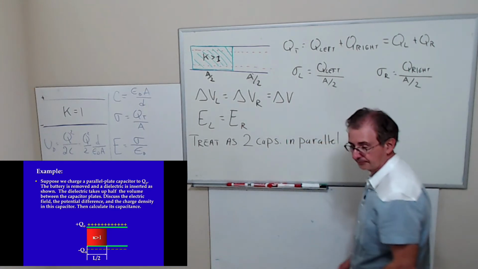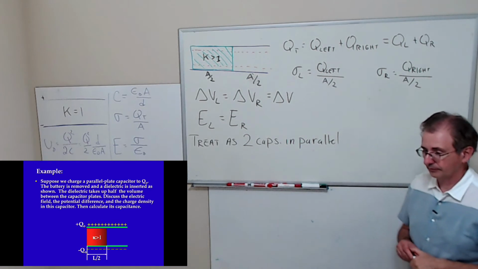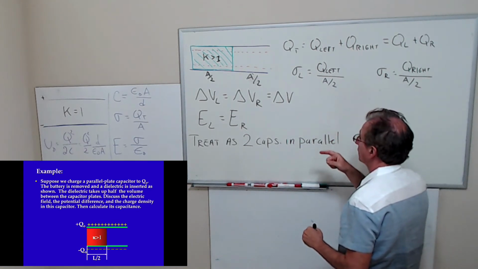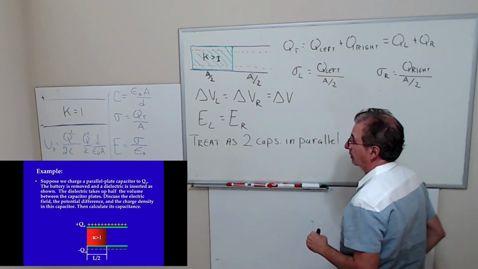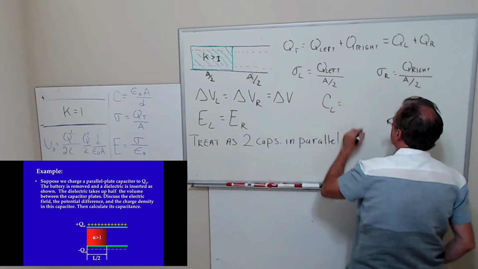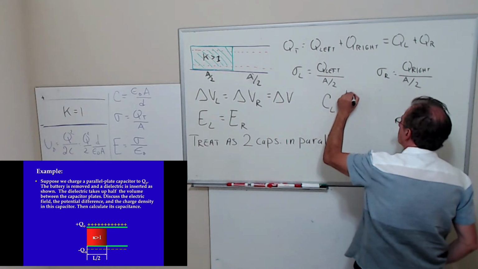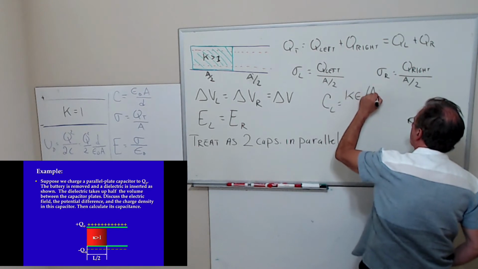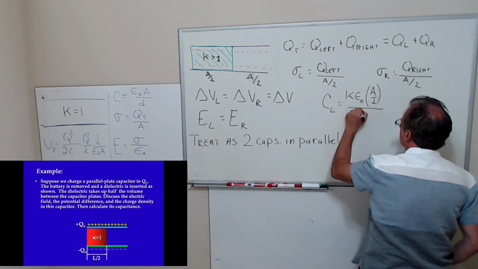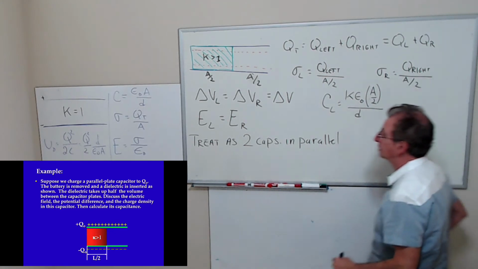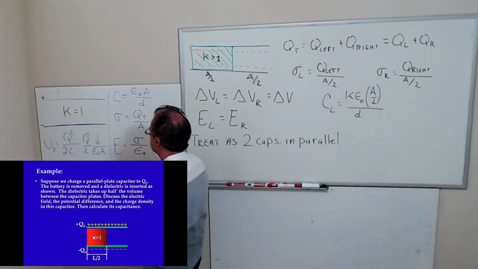In parallel. So, what is the capacitance on the left? What is C left? Well, it's going to be kappa epsilon naught half the area over D, where D is, and I forgot to mention, D is the plate separation.